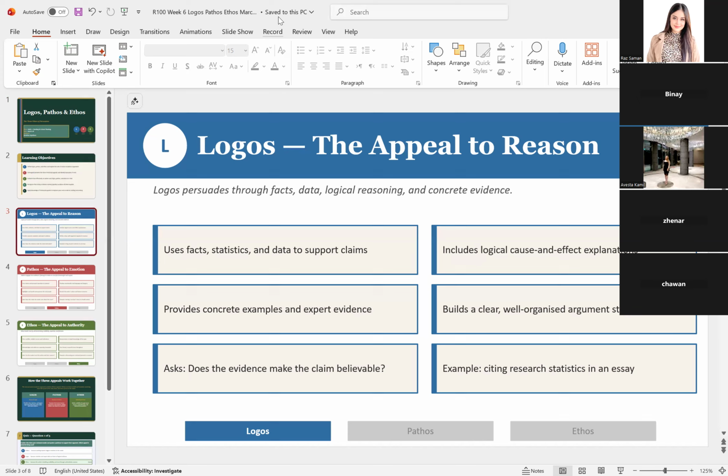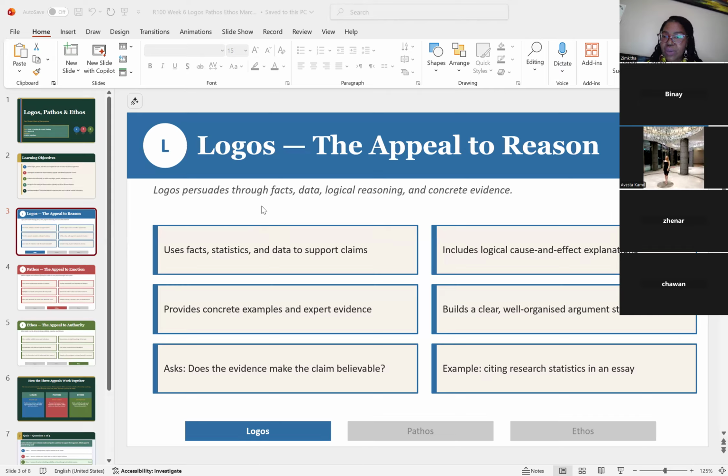In our class, what did we do to show that we are using facts? When we have an opinion, how did we show that our opinion is backed up by facts? We did this in class a lot. Who can give me an example of what we did to back up our opinion with facts? Raz? For example, we use the statistical or scientific things to prove that we are right. Correct, right?